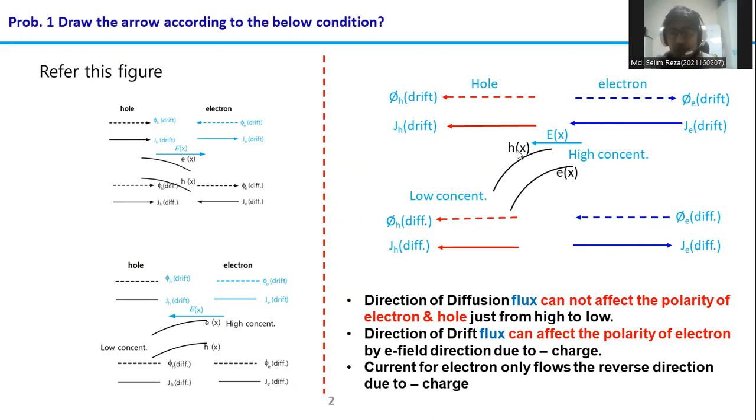The hole is not affected by the concentration of holes but by the electric field. So if the electric field goes in this direction, the flux of holes will go this direction, and the current will follow the same direction as the hole.